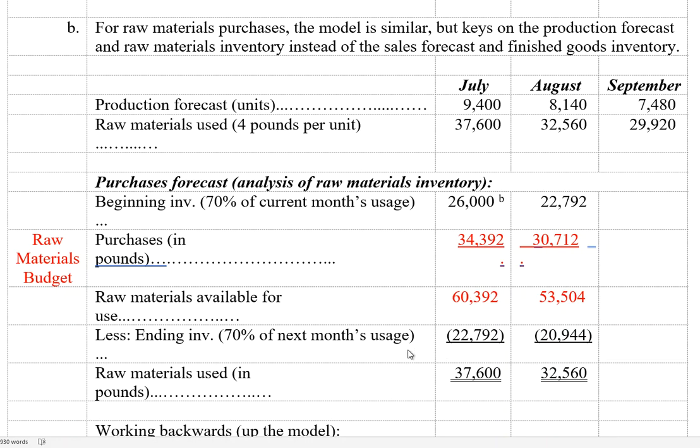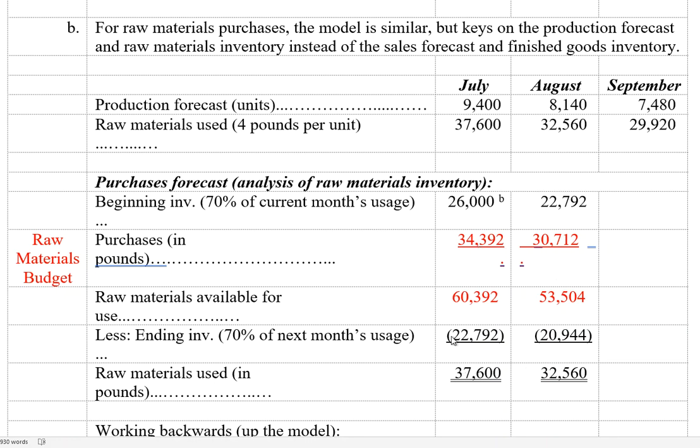And then ending inventory is supposed to be 70% of the next month's needs, right? Raw material used for the next month. So if we take 70% of 32,560, we're going to get 22,792. And then we add these two together and get 60,392, and then subtract out the 26 to get the 34,392.